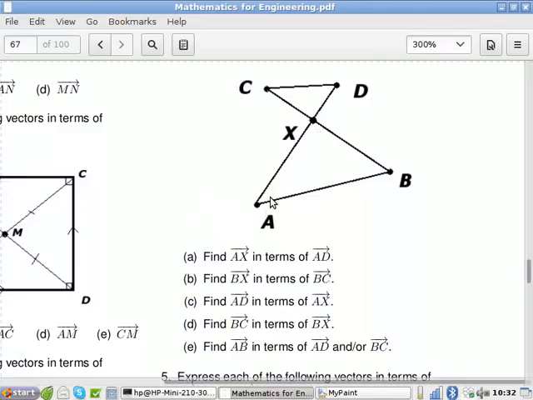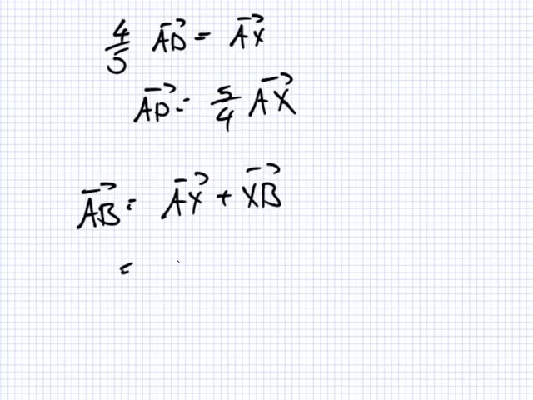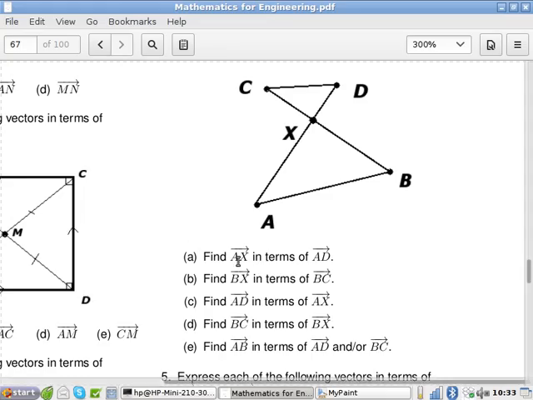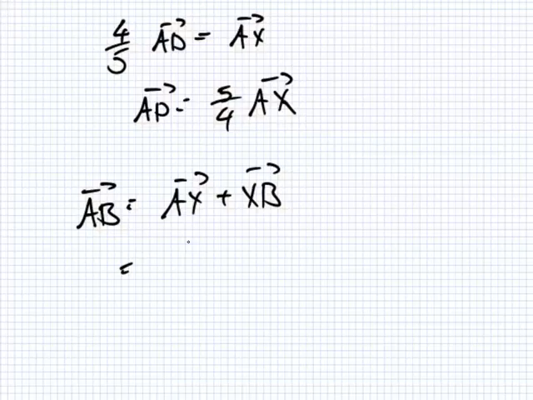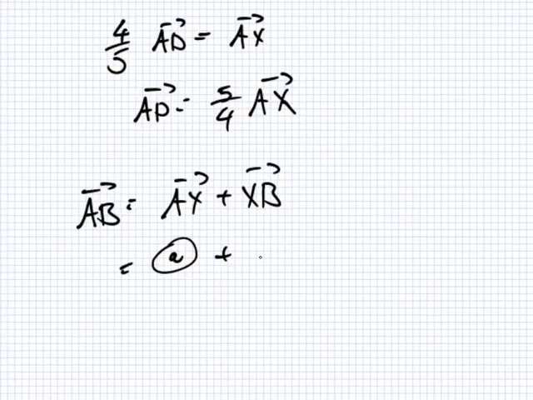You will have to say something like AB is AX plus XB. Now that's okay, because you have these. AX is the first one, 4 over 5 AB, the answer for A. I'll just write A for the moment. And XB is minus the answer for B.